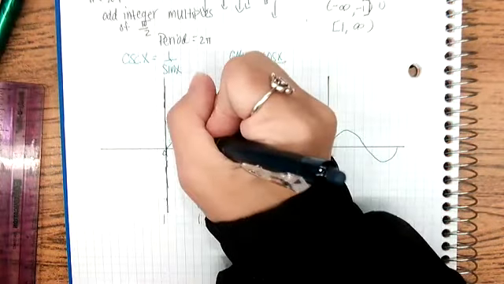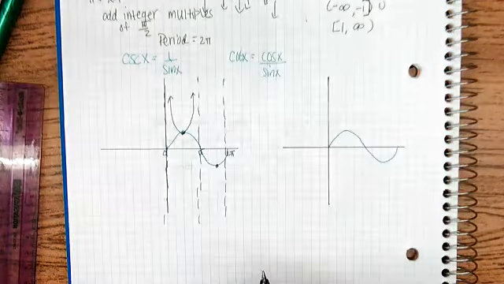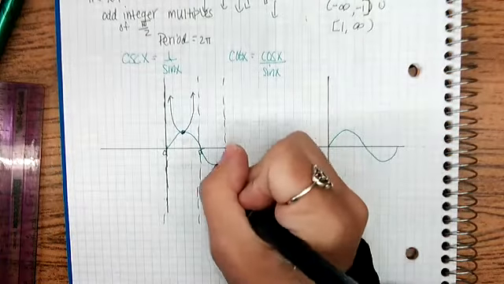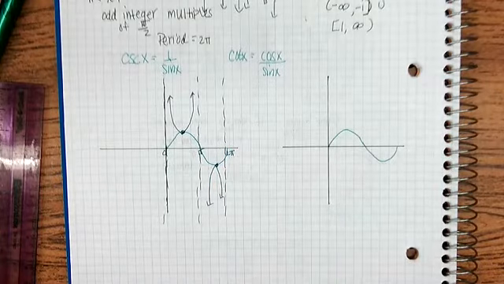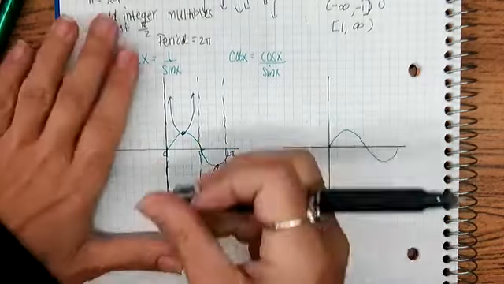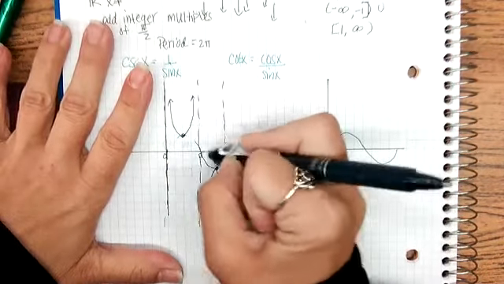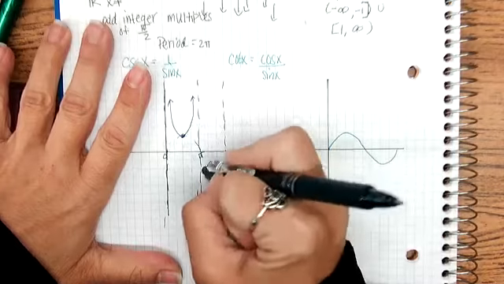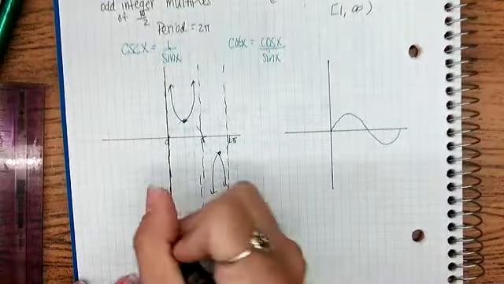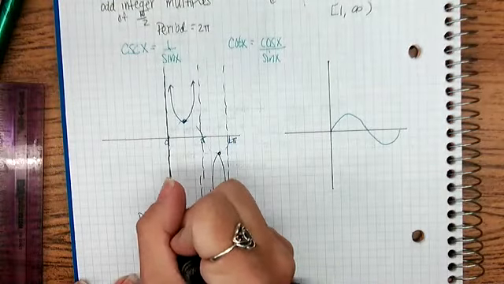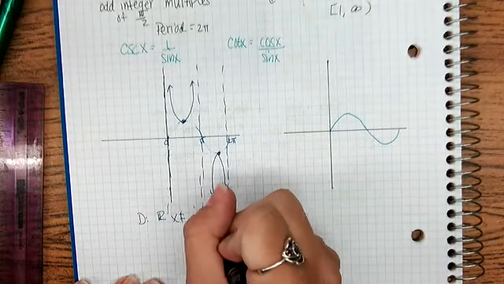So the cosecant is positive between 0 and pi. Cosecant is negative between pi and 2 pi. And there is your parent cosecant curve. Domain is all real numbers, x not equal to integer multiples of pi.